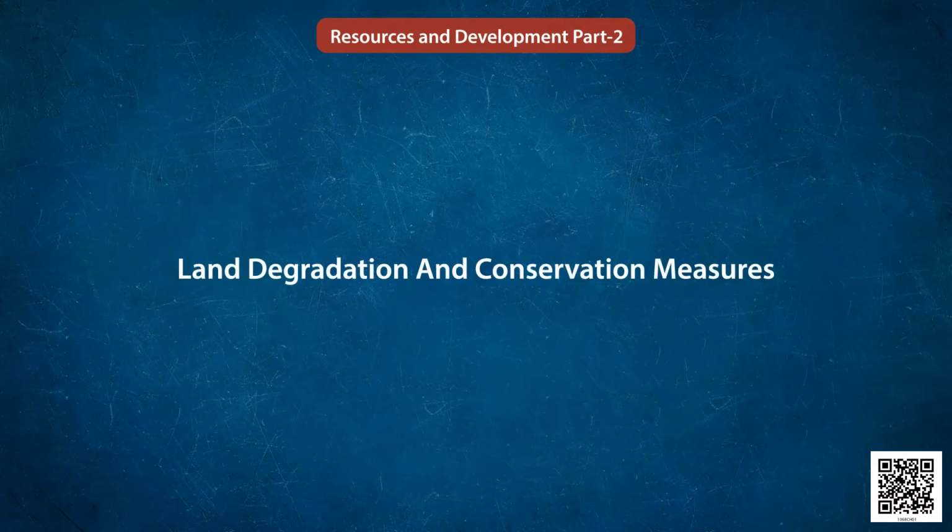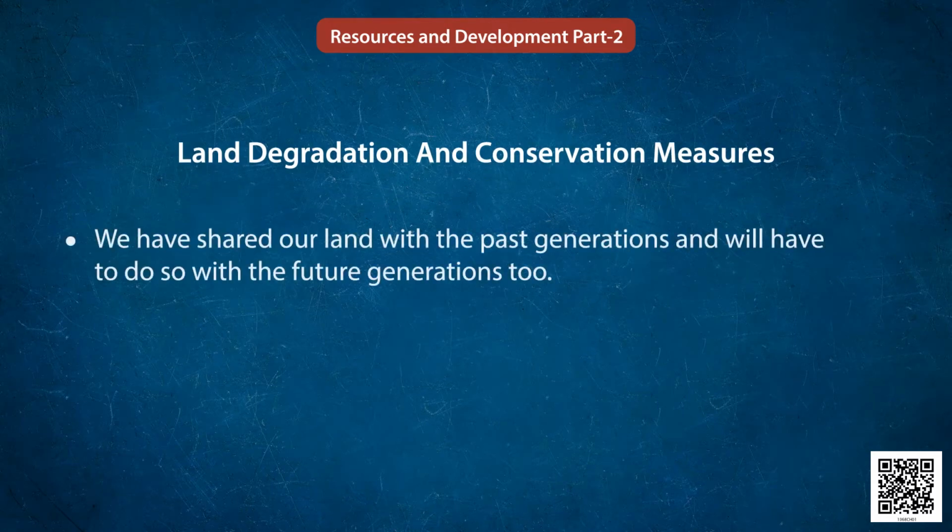Land degradation and conservation measures. We have shared our land with the past generations and will have to do so with the future generations too. 95% of our basic needs for food, shelter and clothing are obtained from land.